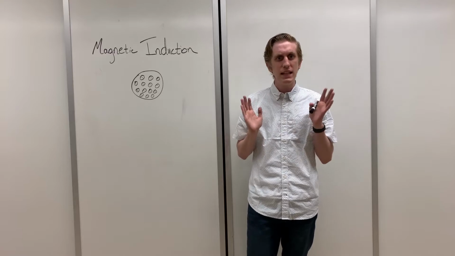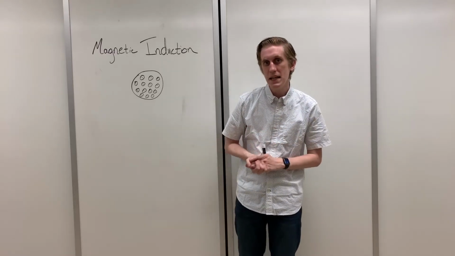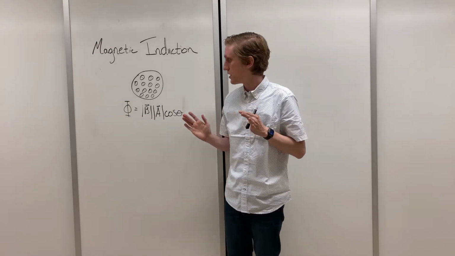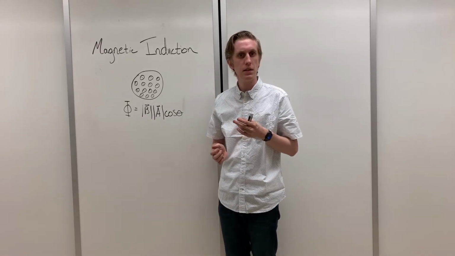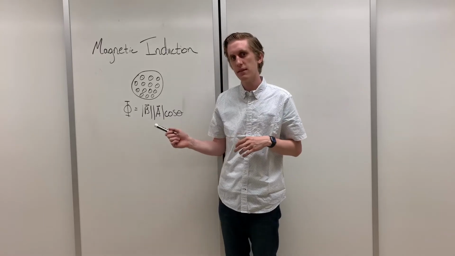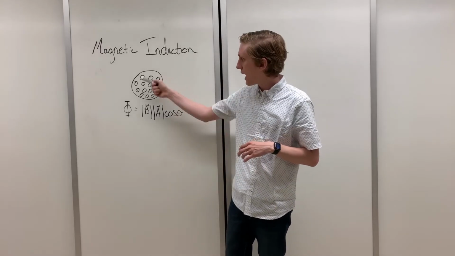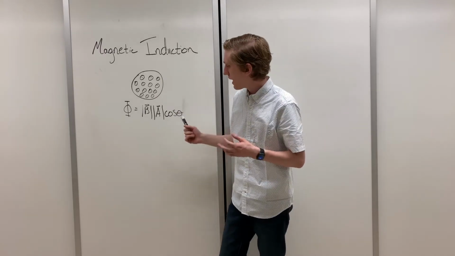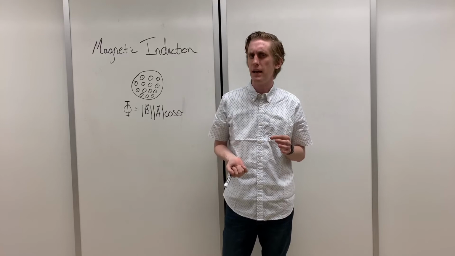It turns out it's very straightforward to write down what the magnetic flux is. This is our definition of magnetic flux. Magnetic flux is equal to the strength of the magnetic field times the size of the area that we're talking about, multiplied by the cosine of theta.